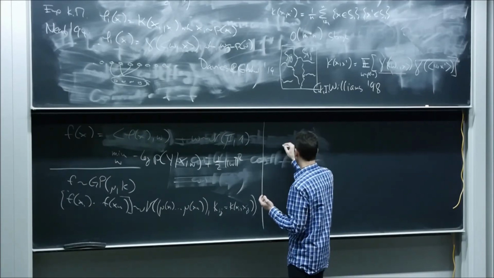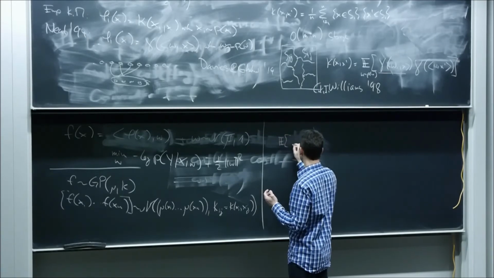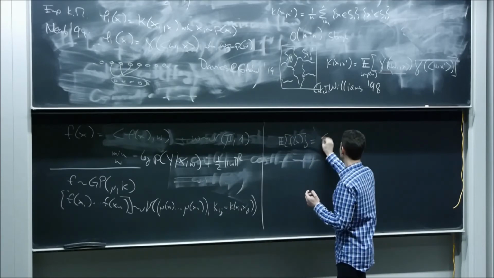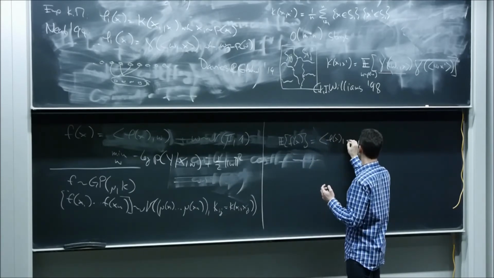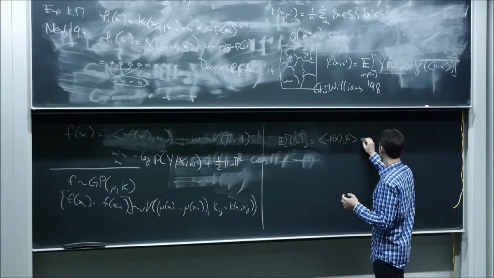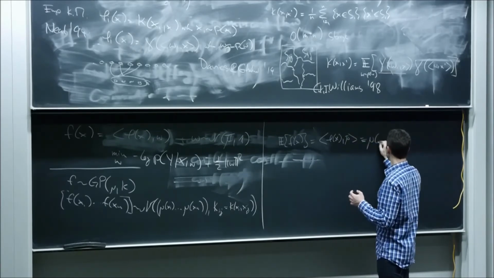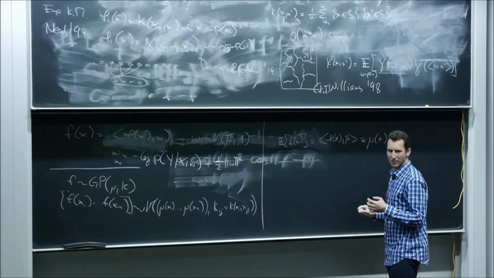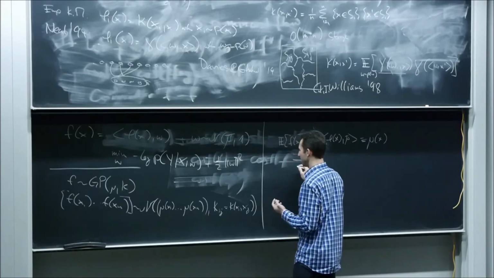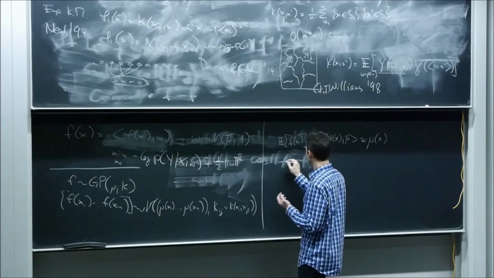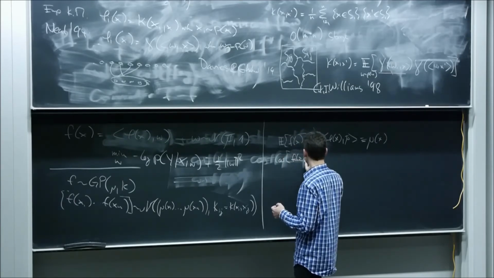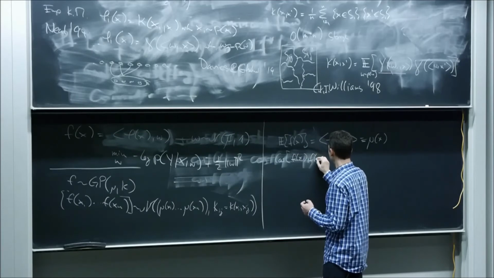So for the mean, all I have to do is compute the expected value of f of x, which is nothing else but phi of x dot mu bar. So this is now my function mu of x. Now, the second thing that I need to do is look at the covariance between f of x and f of x prime.